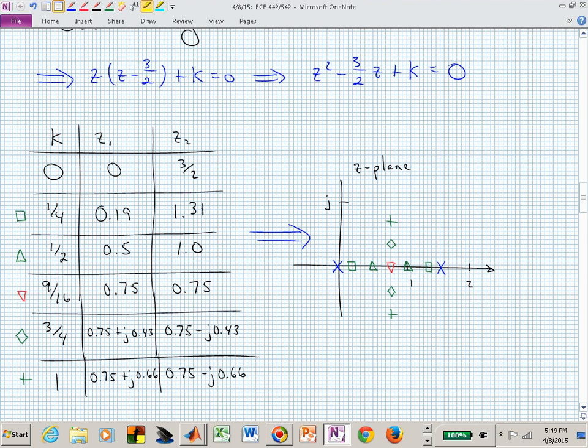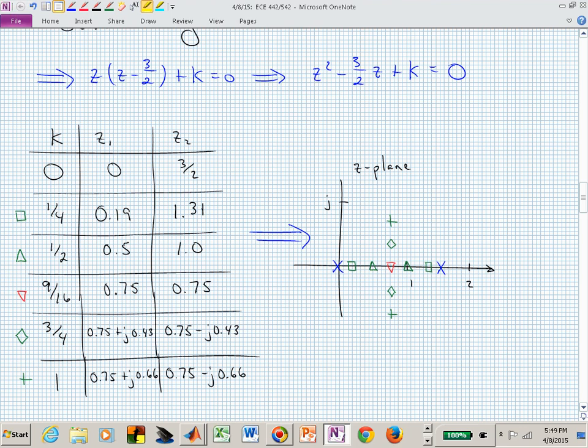What I've done in the table is I've simply plugged in different values of k and looked at the roots of that second order polynomial. And you can calculate second order roots, I hope. Quadratic formula. If you plug in k equal 1/4, you get one of them approximately at 0.19 and the other one is at 1.31. And over here on the right, I've tried to indicate where those are with a square.